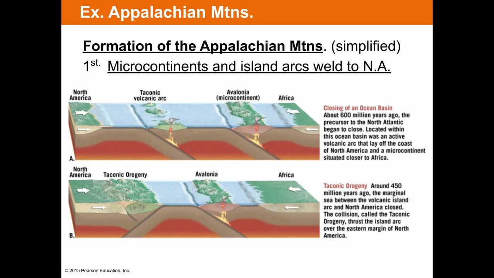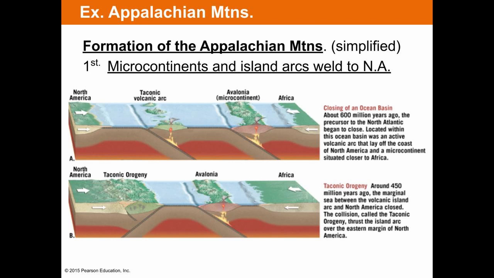At some point, about 450 million years ago, an orogenic event started to occur when North America ran into the volcanic arc there. Along with that, the microcontinent of Avalonia is being shoved together.